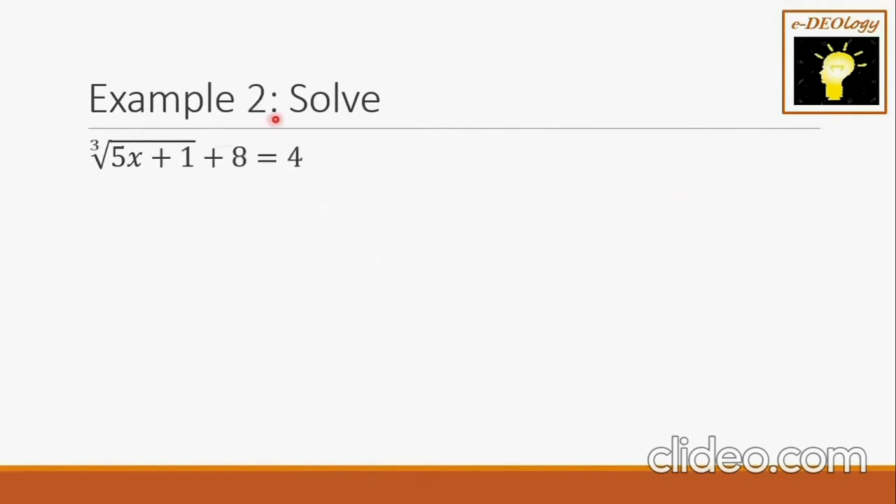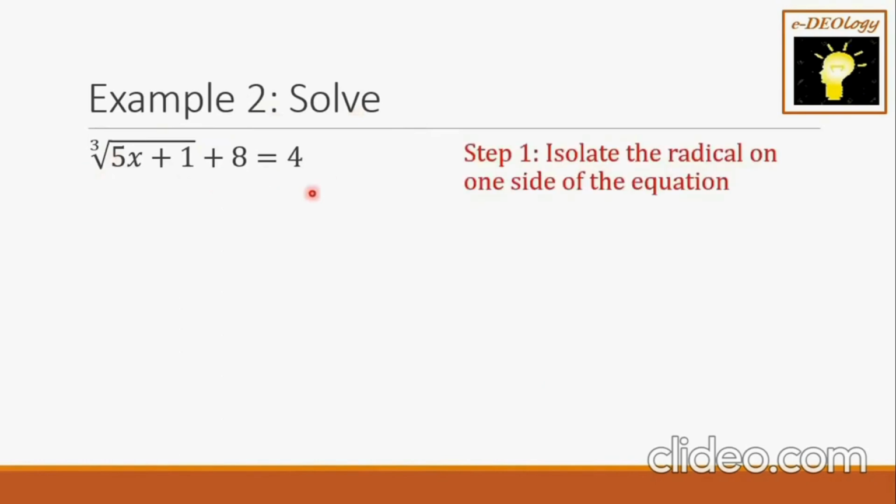Let's have example 2. Solve the equation, the cube root of the quantity 5x plus 1, then plus 8 equals 4. Let's have step 1, to isolate the radical on one side. So we have a big radical here, and then plus 8.